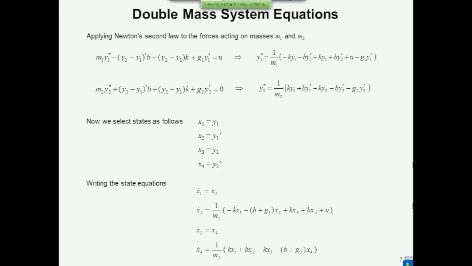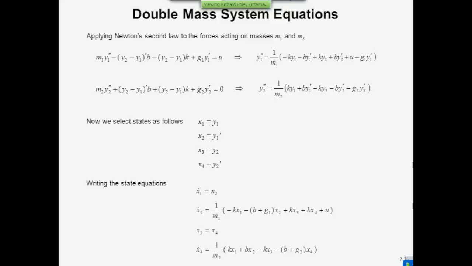I've just applied Newton's second law to get these 2 terms. There's a frictional term involved in here as well, and because this is the equation concerning the movement of the first mass, there is the input force U involved. I've assigned the states to be the position of the first mass and its derivative, so that's the speed of the first mass, and the position of the second mass and its derivative. So when I form the equation for x2 dot, that mass times acceleration equals all this lot.